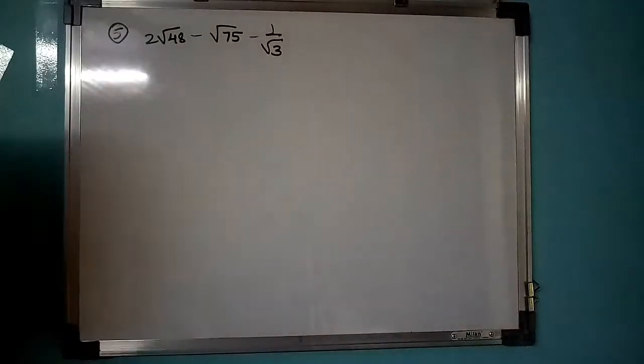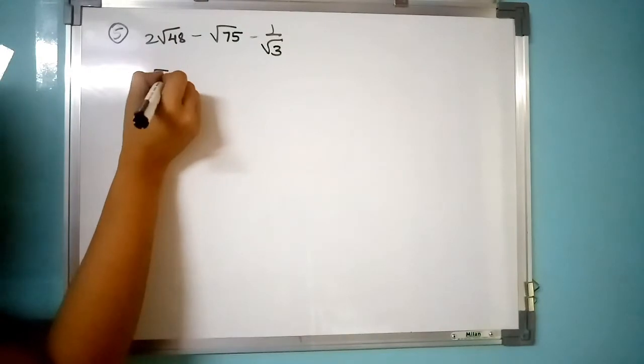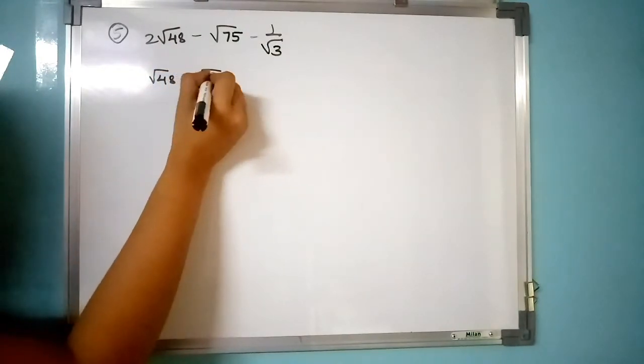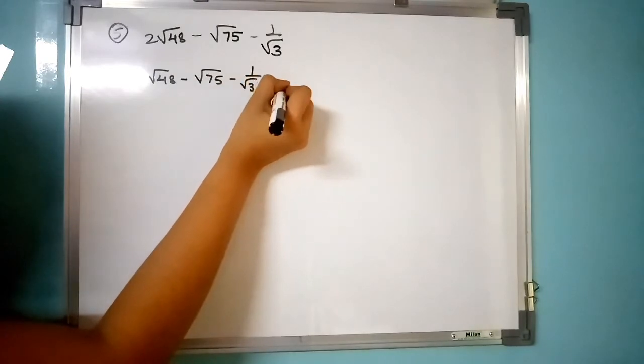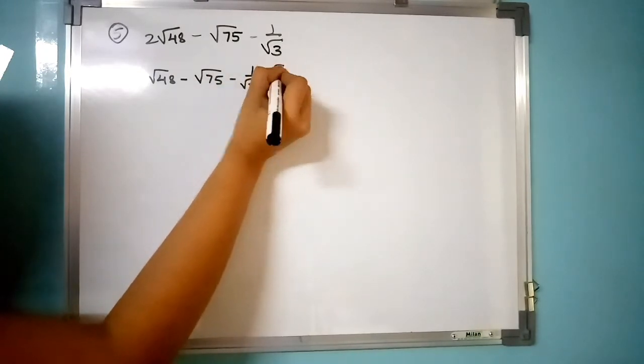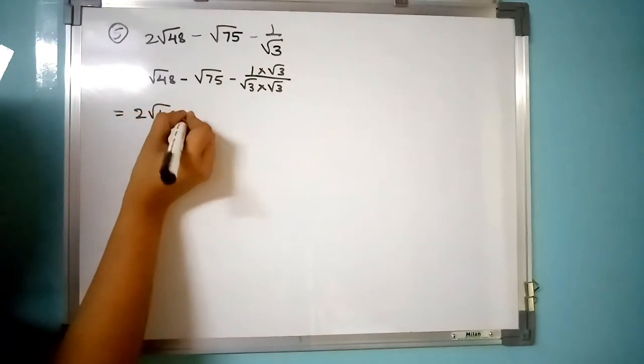Let's see one more example. Again here we find in the last term, we need to rationalize it. So 2 root 48 minus root 75 minus 1 upon root 3, multiplied by root 3 in the numerator as well as the denominator.